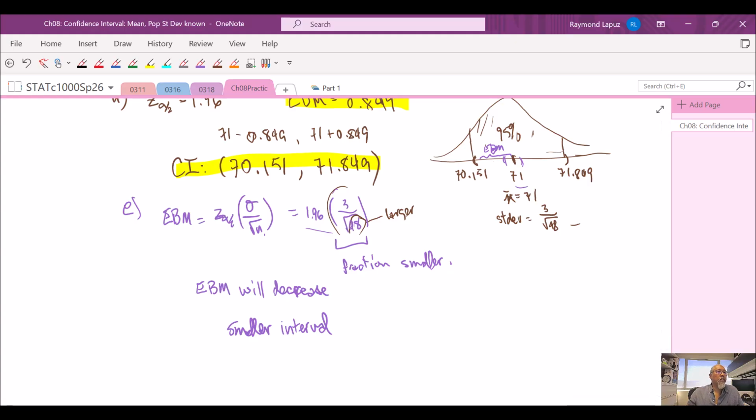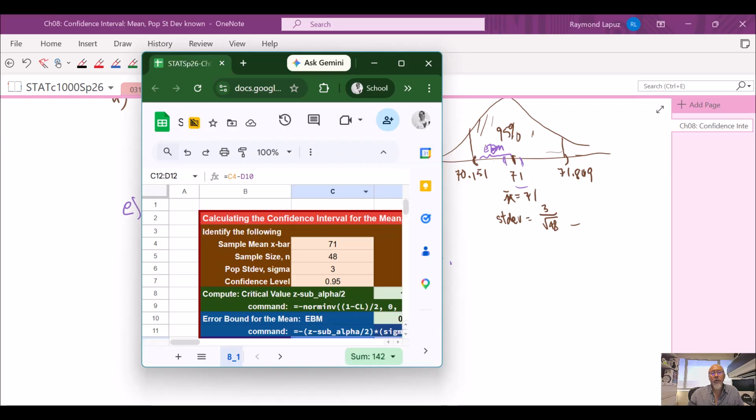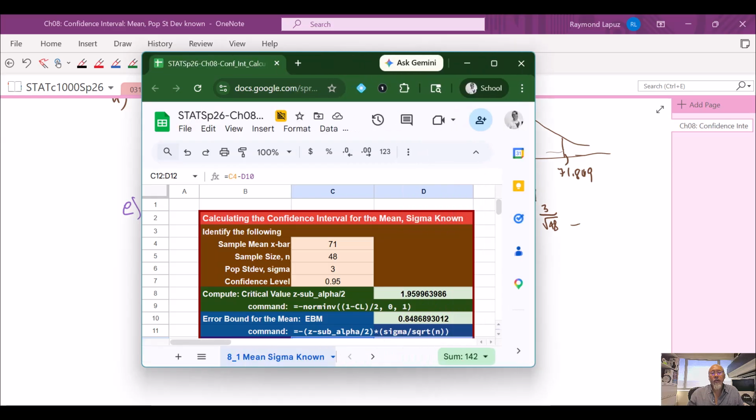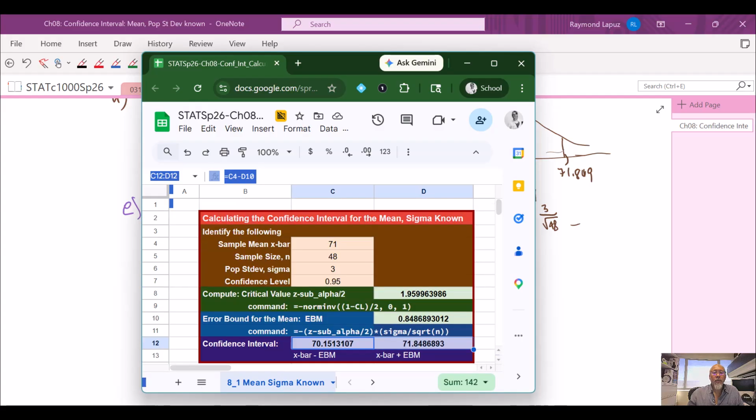All right, we can double check that because we have our computer or calculator handy. All we have to do is change our n from 48 to 1,000. So I want you to keep your eye on the 70.1 and 71.8 once I change this 48 to 1,000. So 1,000, enter, and now it's 70.8 and 71.1.